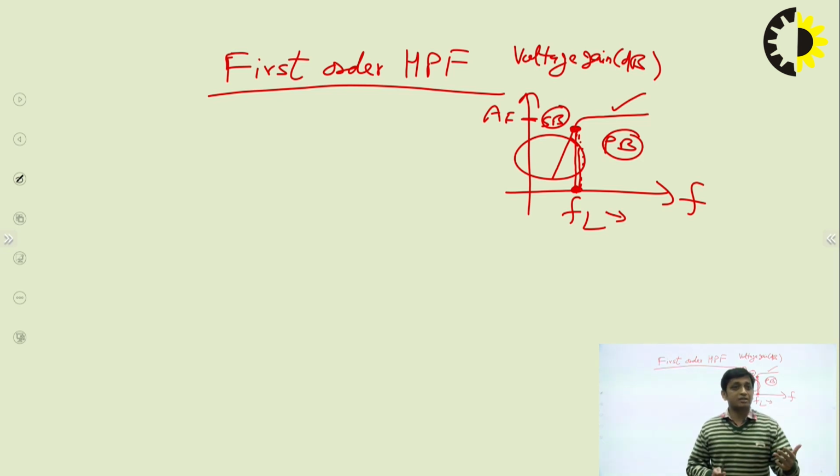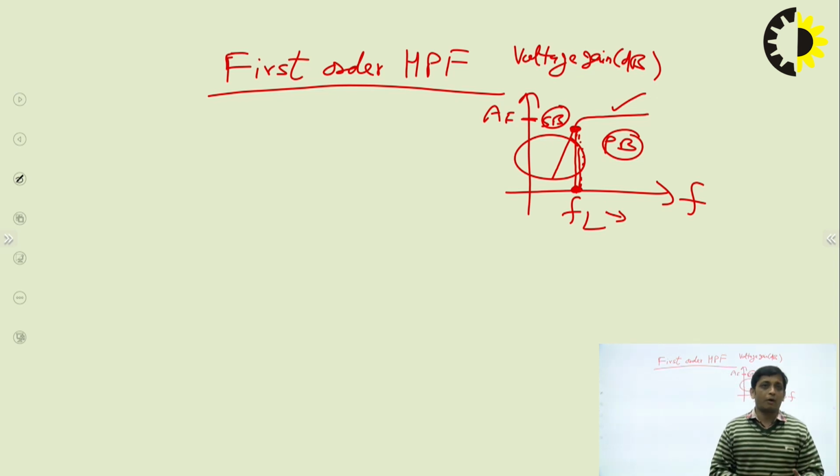If the signal is passed, it means that we will get gain. That's why the band in the region where we are getting the gain is called the pass band, right? So we can say that in a high pass filter, the frequencies above FL are passed, and frequencies below FL are blocked.